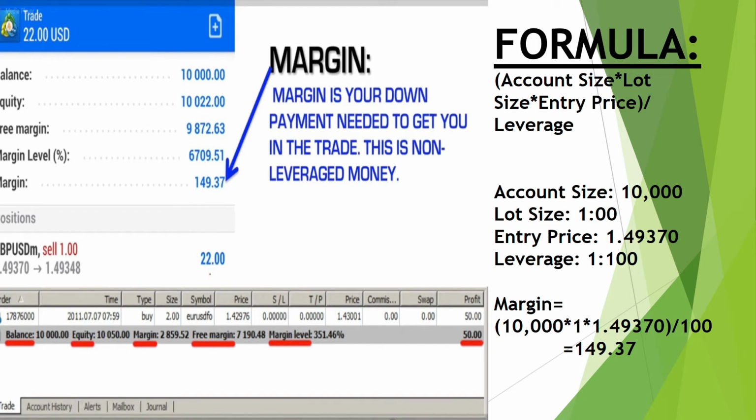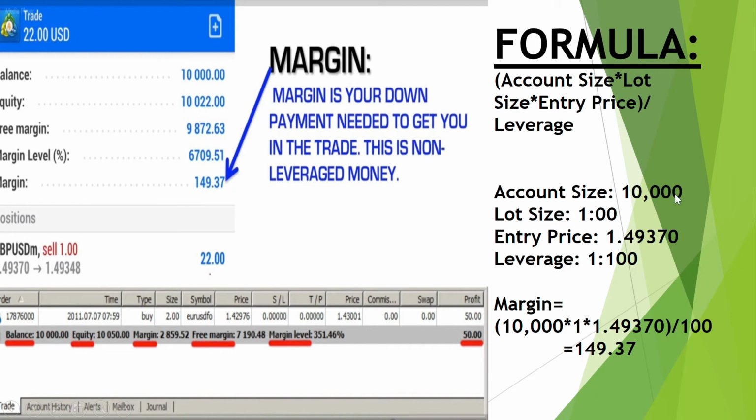There's a formula for calculating margin, and the formula is account size times lot size times entry price divided by leverage. That's the formula for calculating your margin. So after the calculation, you'll be able to know the reason why we arrive at 149.37, and also you'll be able to know the 99% your broker lends to you.